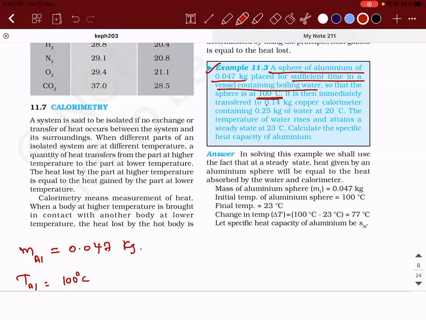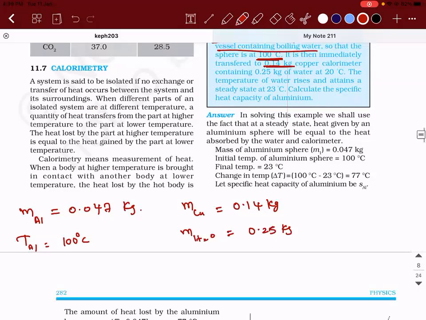It is then immediately transferred into a copper vessel of mass 0.14 kilogram containing water. Mass of water is 0.25 kilogram and the temperature of water is 20 degrees Celsius. The temperature of the water rises and attains a steady state at 23 degrees Celsius.